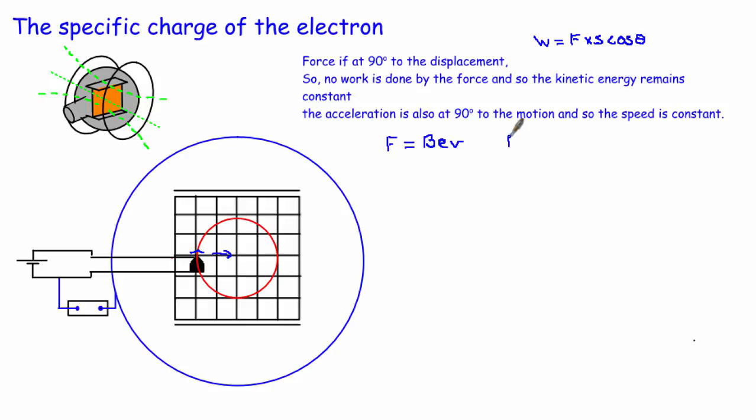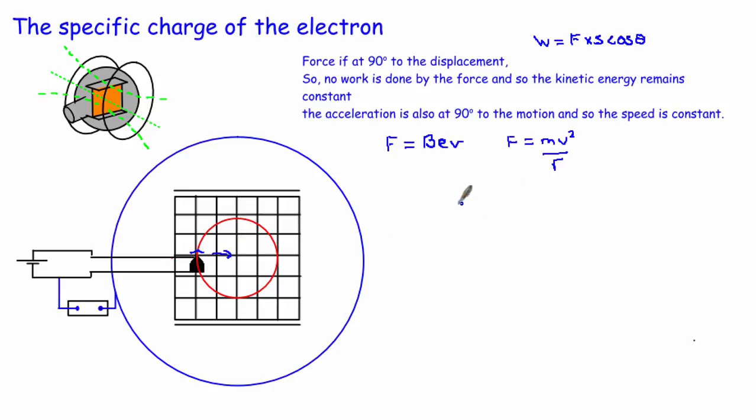Because this is also going in a circle, this force, of course, is also a centripetal force. So we know that that's equal to mv squared over r, where m is the mass of our particle, v again is the same v, so it's the velocity or the speed of the particle, and r is the radius of the circle that this thing is travelling in.